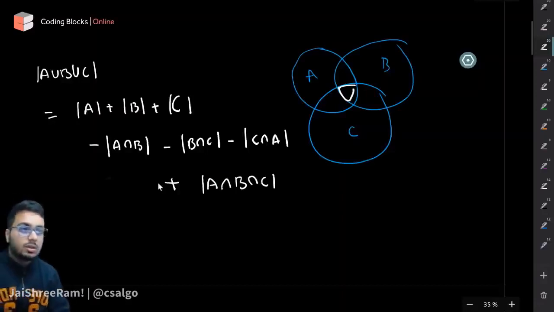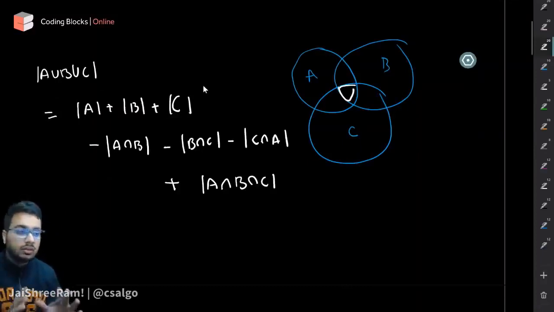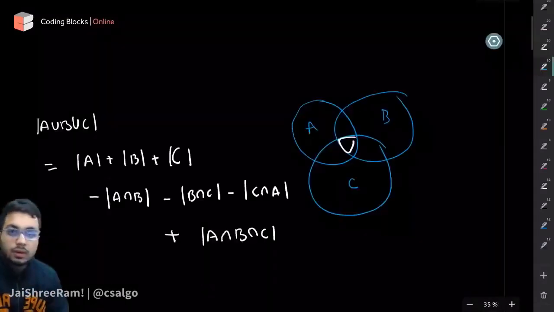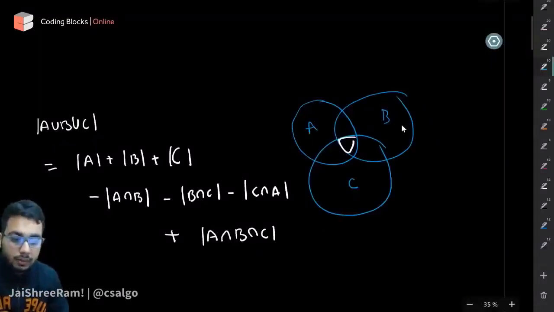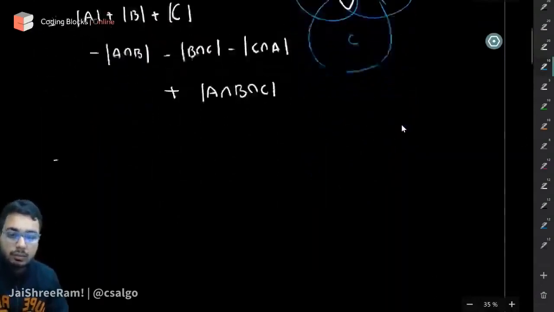Alright, so this is written when we have three sets, but you can also have more sets. The reason why I'm doing this is because this concept is going to be used in competitive programming, so you should understand this very carefully. Similarly, you can have problems in which you need to combine more sets.